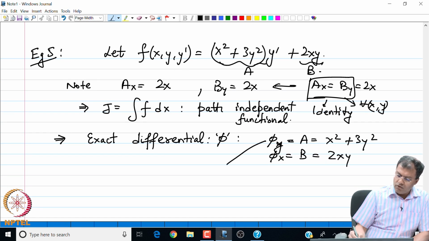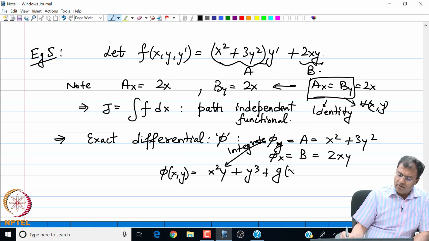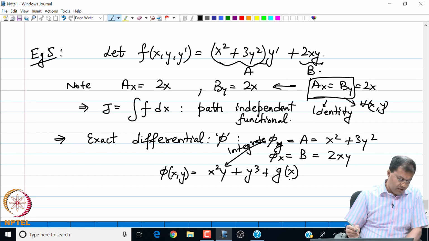So, what we do is we integrate with respect to y, and we get that phi of x comma y is equal to x square y plus y cube plus a function which is purely a function of x.